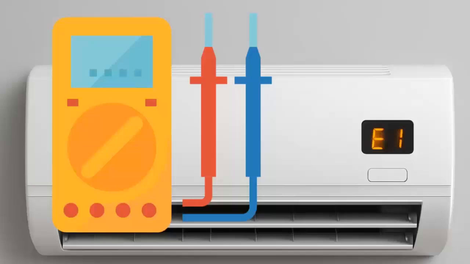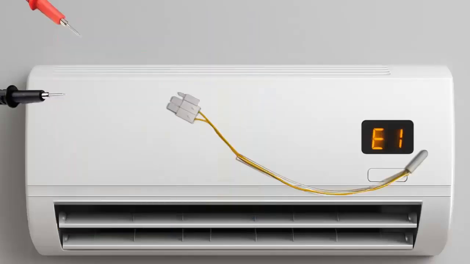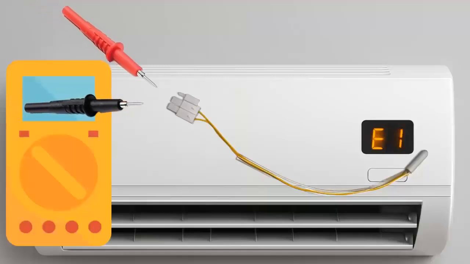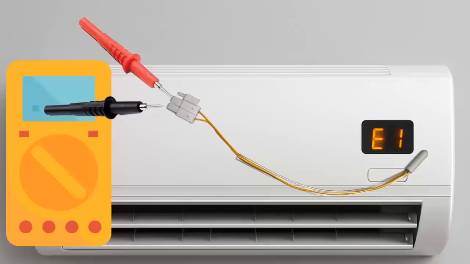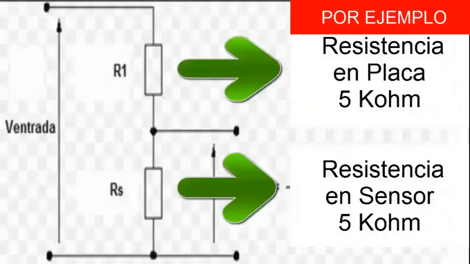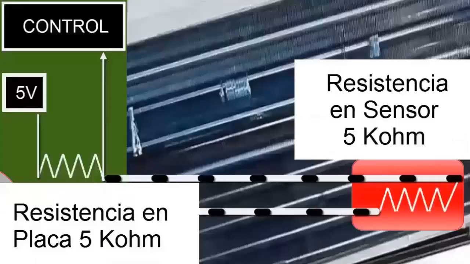Now let's look at how to fix the problem and how the thermistor type temperature sensor works. The temperature sensor works as part of a voltage divider, consisting of two resistors in series. One fixed resistor on the electronic board. One variable resistor in the sensor thermistor.